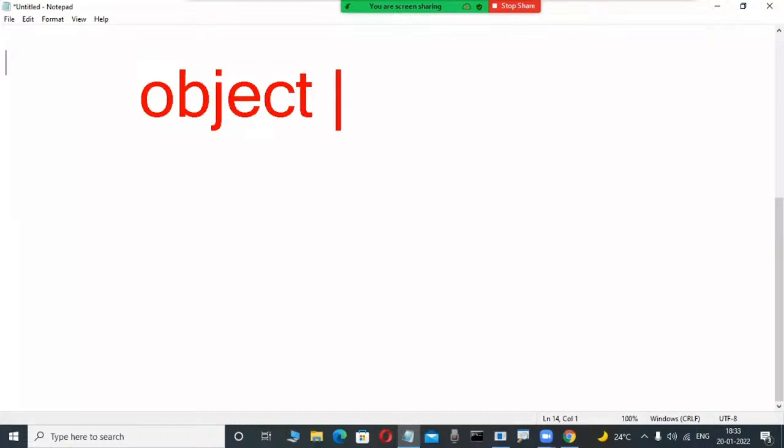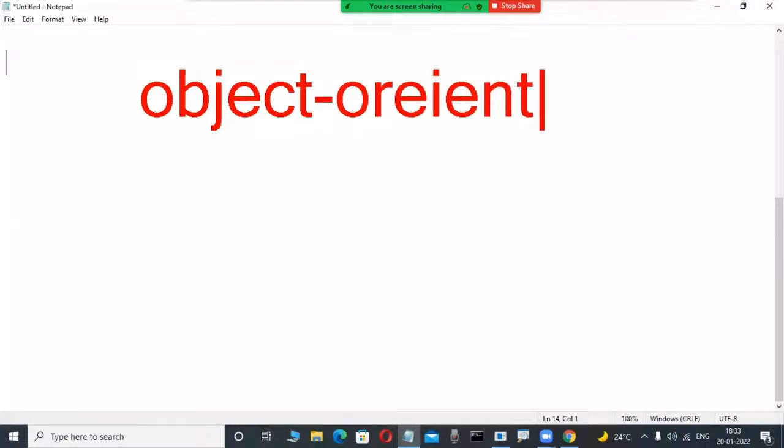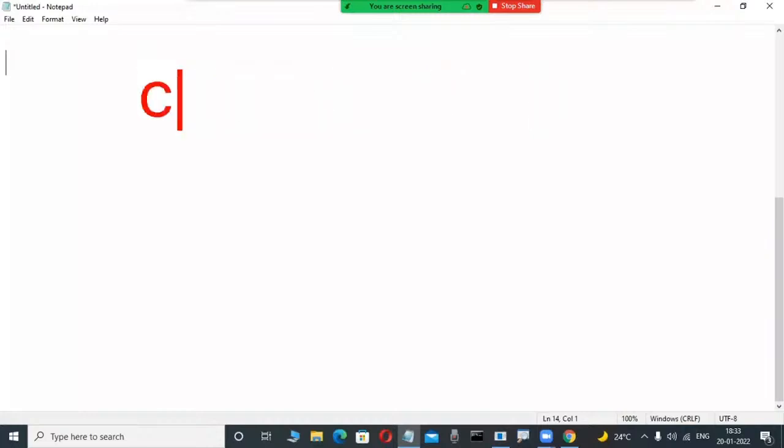Suppose there are so many object-oriented languages. A little bit of technical knowledge is there. Object-oriented languages are there worldwide. What are they? C++ is an object-oriented language. Java is a popular object-oriented language.